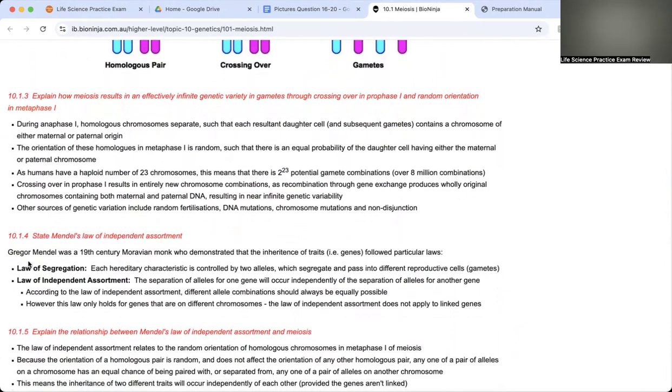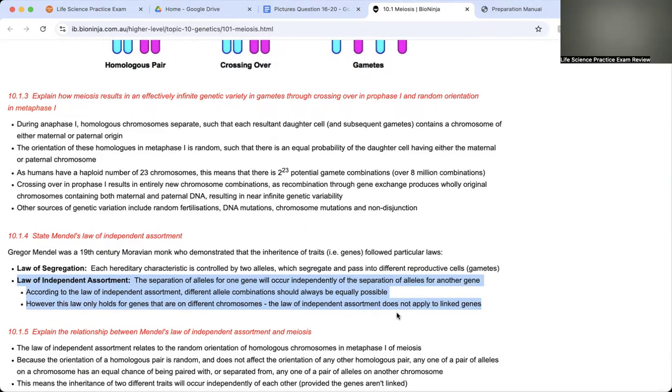Here, this law of independent assortment is what we're going to harp on. That's really important for this question. It says the separation of alleles for one gene will occur independently of the separation of alleles for another gene.